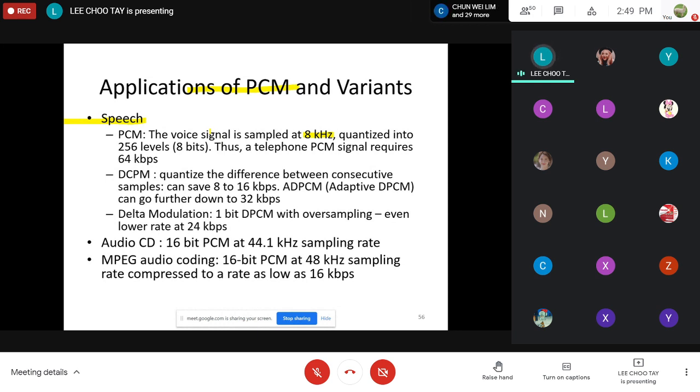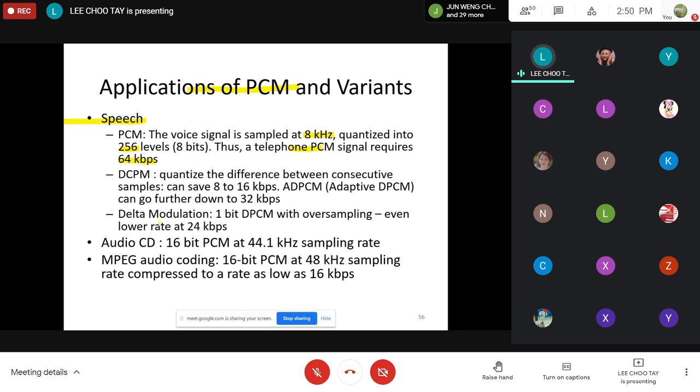So you take an average, let's say the baseband bandwidth of the voice signal is 4 kilohertz, then we sample at 8 kilohertz, 2 times the highest frequency in the voice signal. This is normally quantized to 256 levels, which means we use 8 bits. This gives us a telephone PCM signal of 64 kilobits per second.